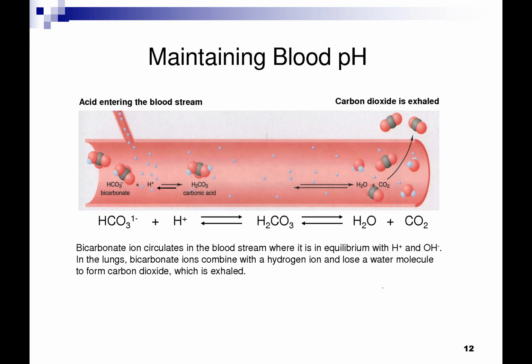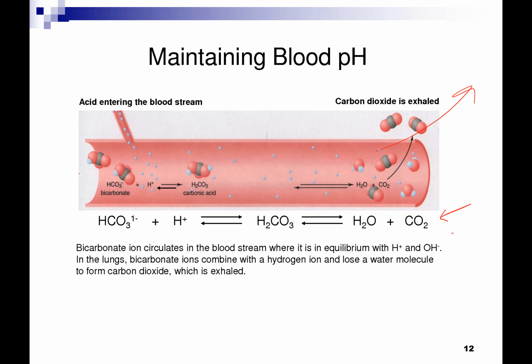So here's just another example. Again, I want you to not get lazy because you can write the equation either way. So CO2 is on the right this time, bicarbonate's on the left. So as carbon dioxide is exhaled, you have a shift in this case to the right. Carbon dioxide is a byproduct of things like cellular respiration and metabolism.